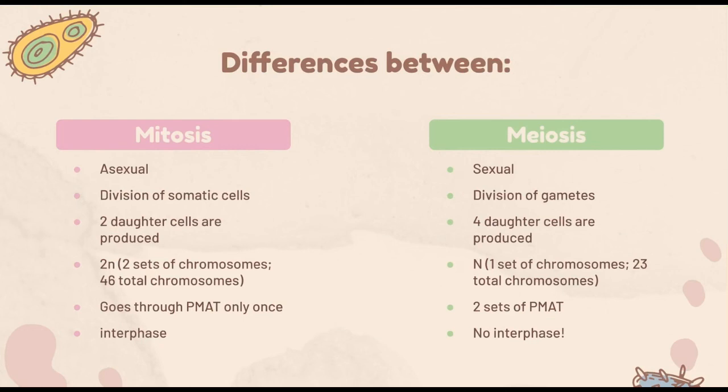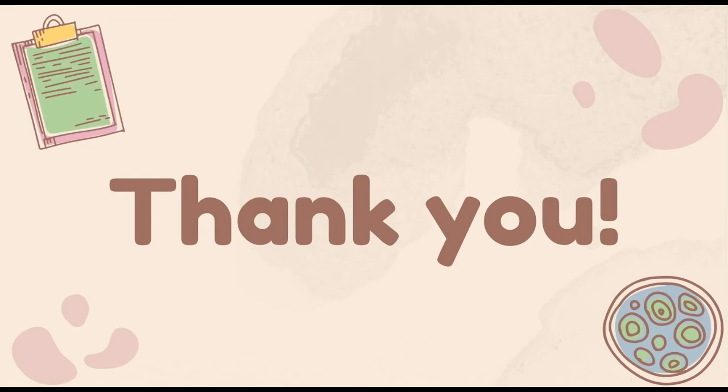And meiosis is sexual, the division of gametes. 4 daughter cells are produced, with N, or 1 set of chromosomes, 23 total chromosomes, and 2 sets of PMAT cycles with no interphase. And that is all for today's video, so see you next time.